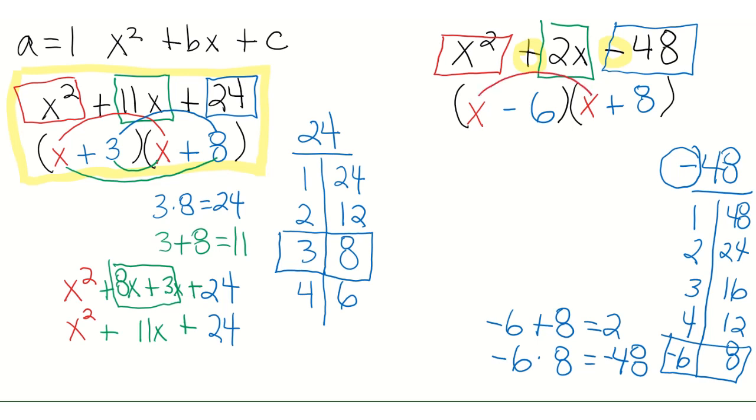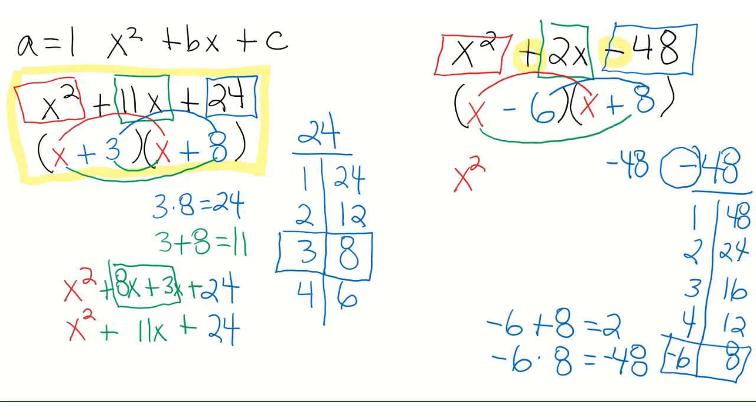I'm going to take my x's times x's. That's my first. Then my last numbers: minus 6 times 8. That's a minus 48. Now let's check the middle number.